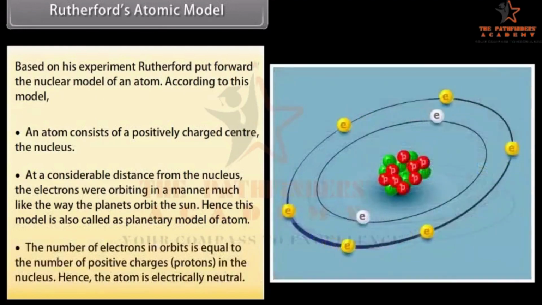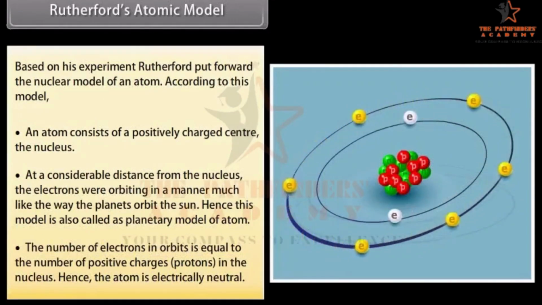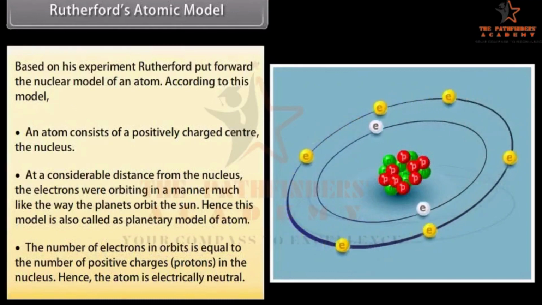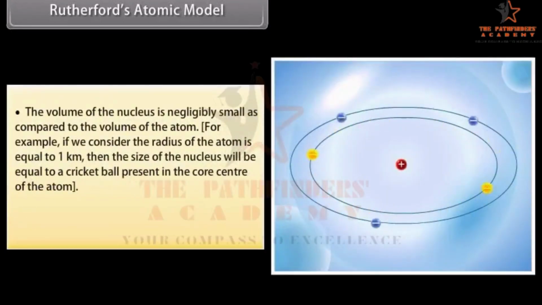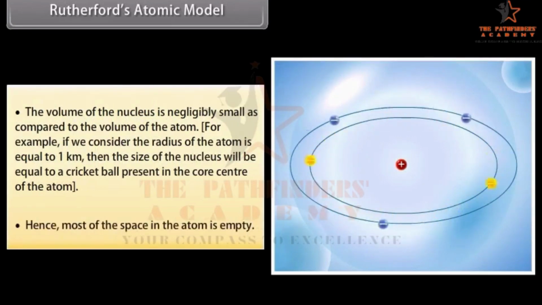The number of electrons in orbits is equal to the number of positive charges, protons, in the nucleus. Hence, the atom is electrically neutral. The volume of the nucleus is negligibly small as compared to the volume of the atom. For example, if we consider the radius of the atom is equal to 1 kilometer, then the size of the nucleus will be equal to a cricket ball present in the center of the atom. Hence, most of the space in the atom is empty.